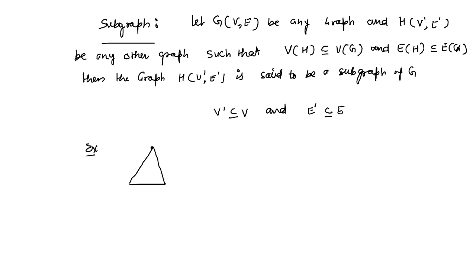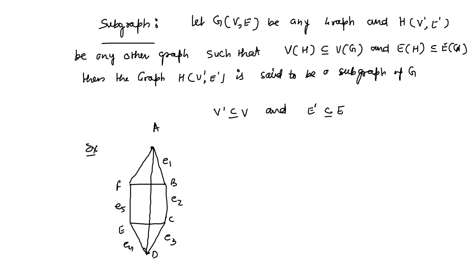This is a graph G having vertices A, B, C, D, E, and F, and A is also directly joined to the vertex D. We write the edges as E1, E2, E3, E4, E5, E6, and E7, having 7 edges.